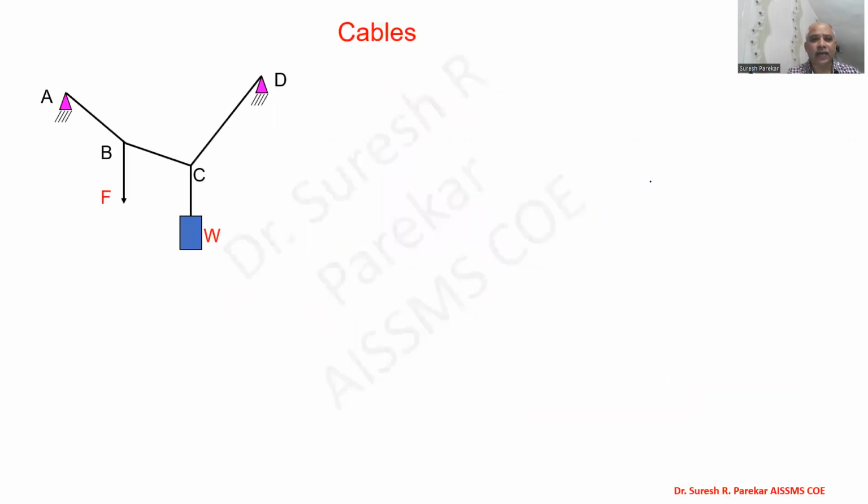So now we can have this cable. Already I mentioned cables are always in tension. So this is a cable system. At B you can see some force is applied, and at C some mass is attached, and from that mass we are going to find out the weight of that block.